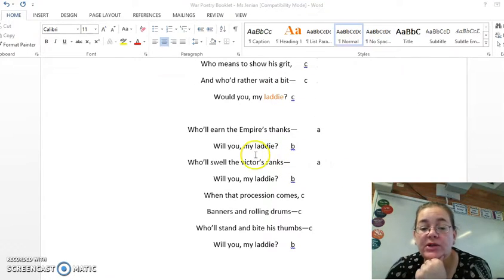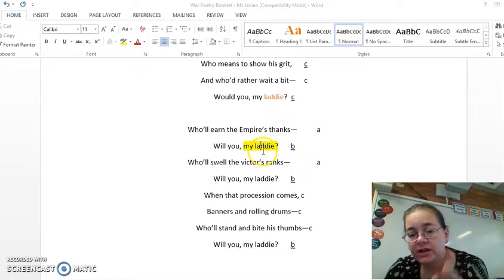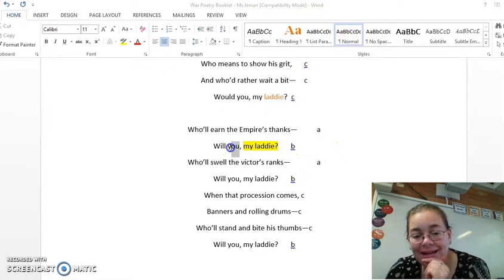The other thing I wanted to remind you about is this use of my laddie. Remember, she's talking directly to the young men that haven't yet gone to war. This repetition of my laddie, the use of the second person, so you, she's pointing the finger. Let's give it a green.